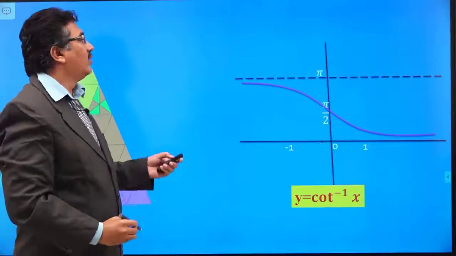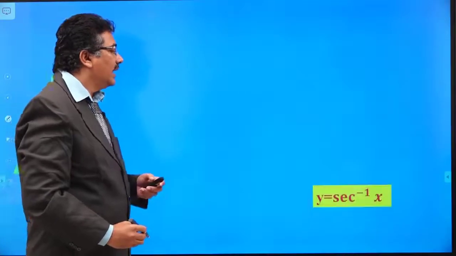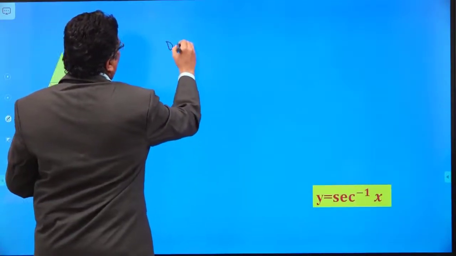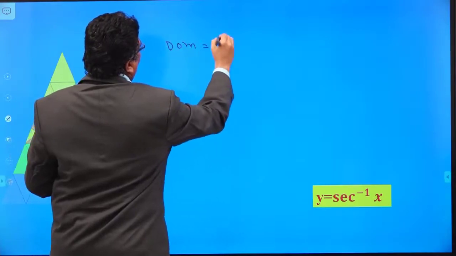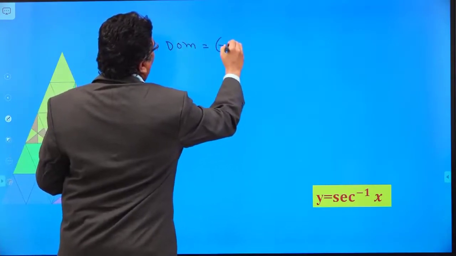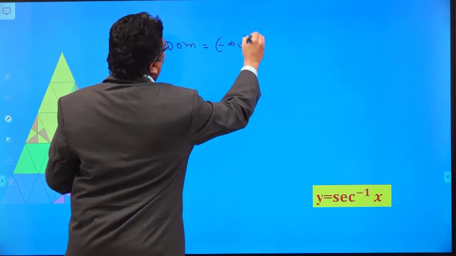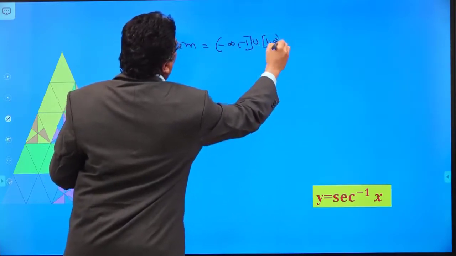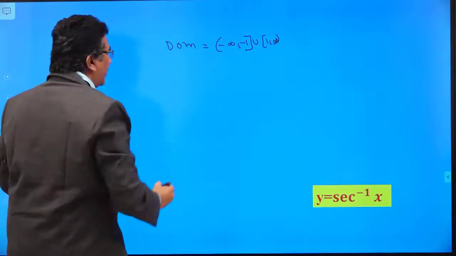Now see the graph of secant inverse x. What is the domain of secant inverse x? Open interval minus infinity comma minus 1 union closed interval 1 comma infinity.